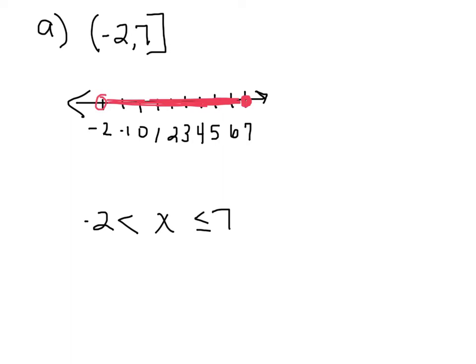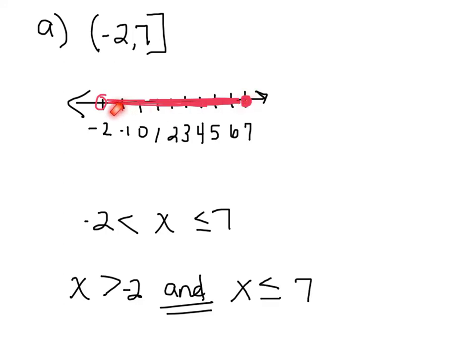So what this says is that x has to be greater than -2 because we're shading to the right, and that's important. It tells us we're shading inward because it's the region that overlaps, and x has to be less than or equal to 7 because we have a closed dot on 7 shaded to the left.